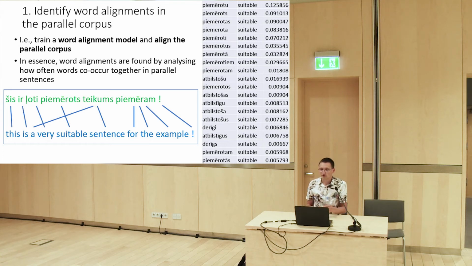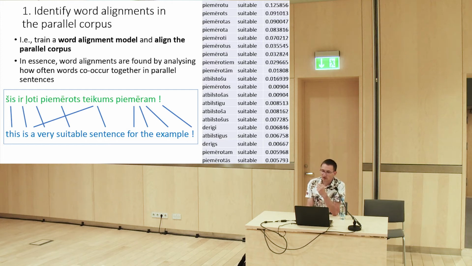So the first thing we do is identify word alignments for every sentence pair that we have in our parallel corpus. And usually for SMT systems, the parallel corpus would consist of 10 to 50 million, depending on language pairs, sentences. So a lot of data.